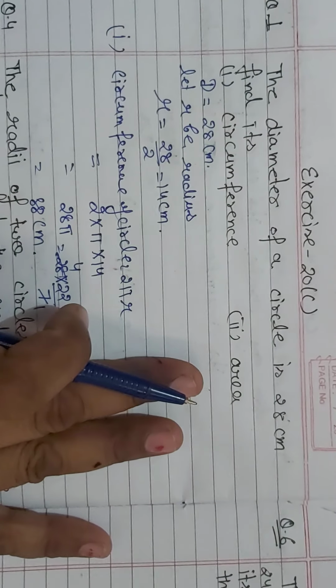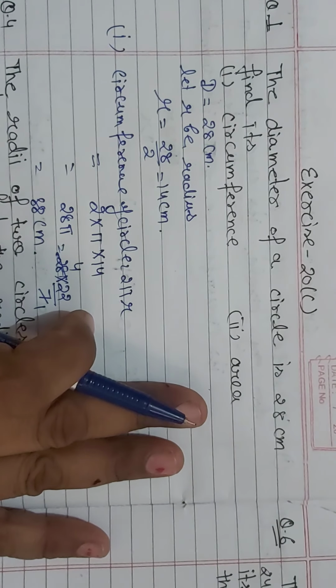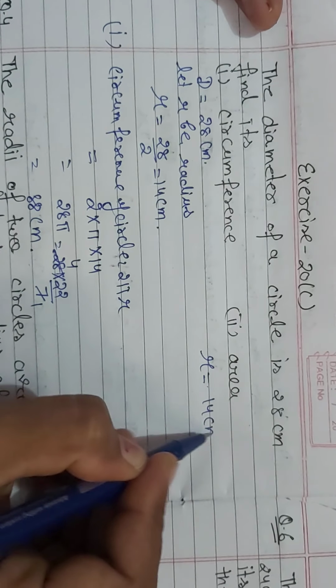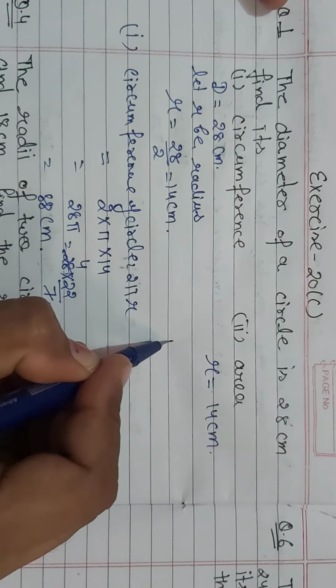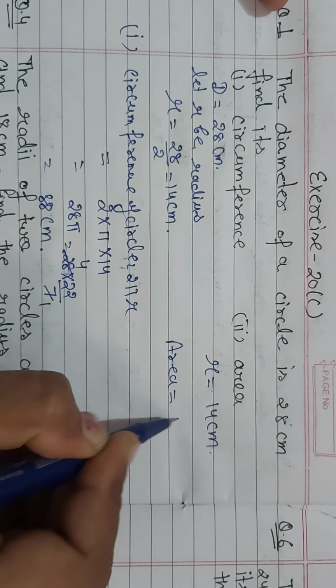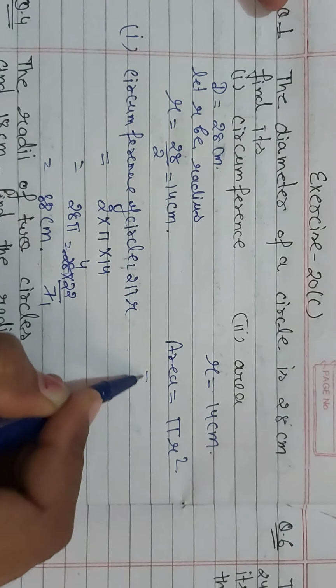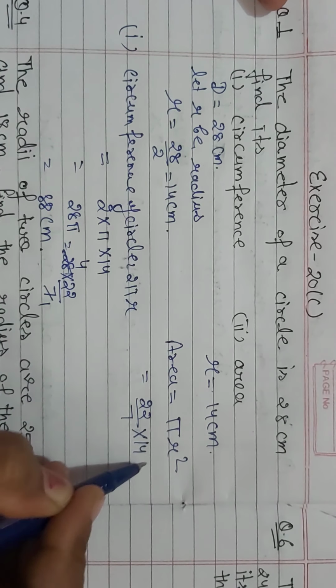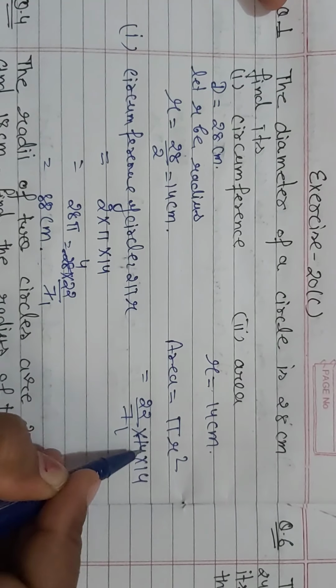And in the second part we find the area of the circle. Same as before, the radius is 14 centimeter. Then the area of the circle equals pi r square, in place of pi 22 by 7, r square 14 into 14, 7 1 7 2.